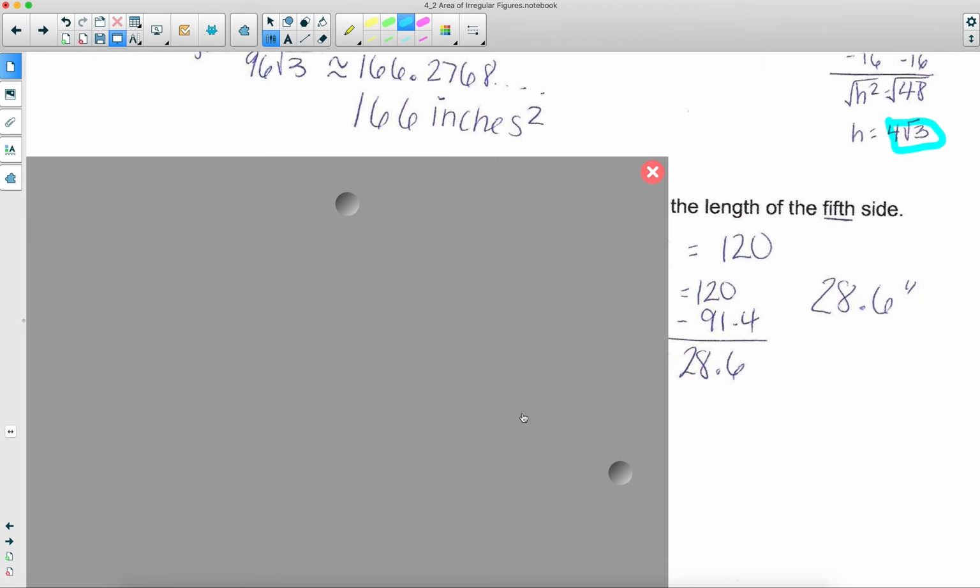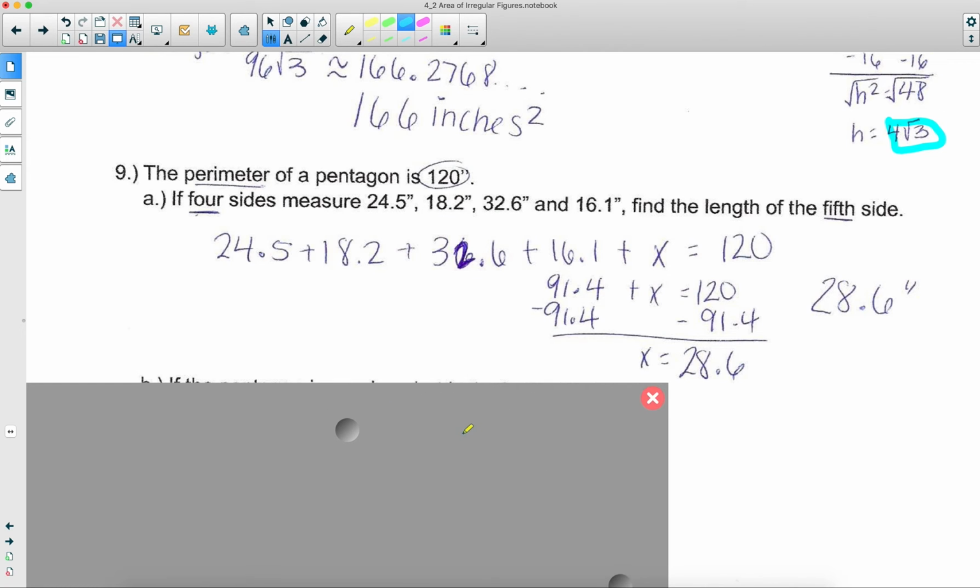Okay? And then the last question was pretty straightforward, right? It just said that we had a perimeter of a pentagon. Remember, pentagon is 5 sides, is 120 inches. We first were told 4 sides measure 24.5 inches, 18.2 inches, 32.6 inches, and 16.1 inches.